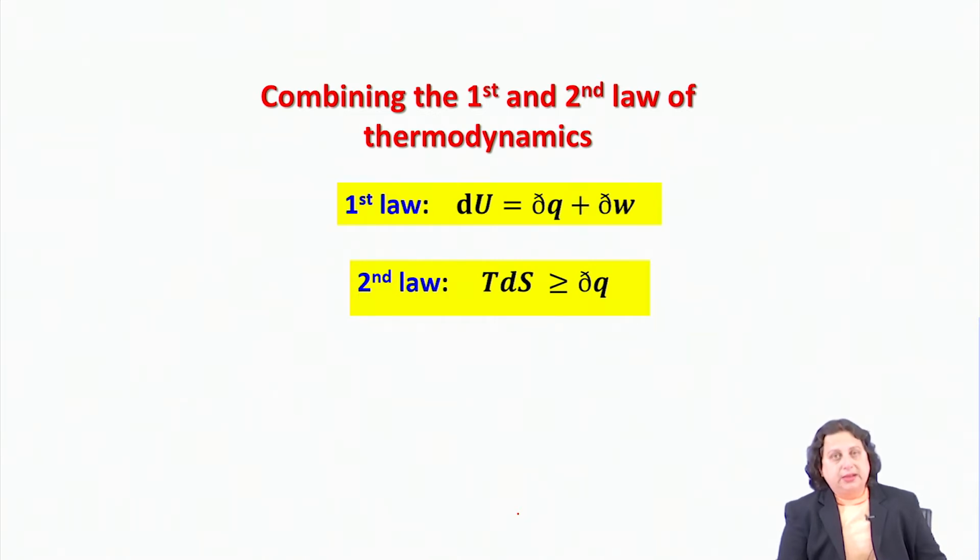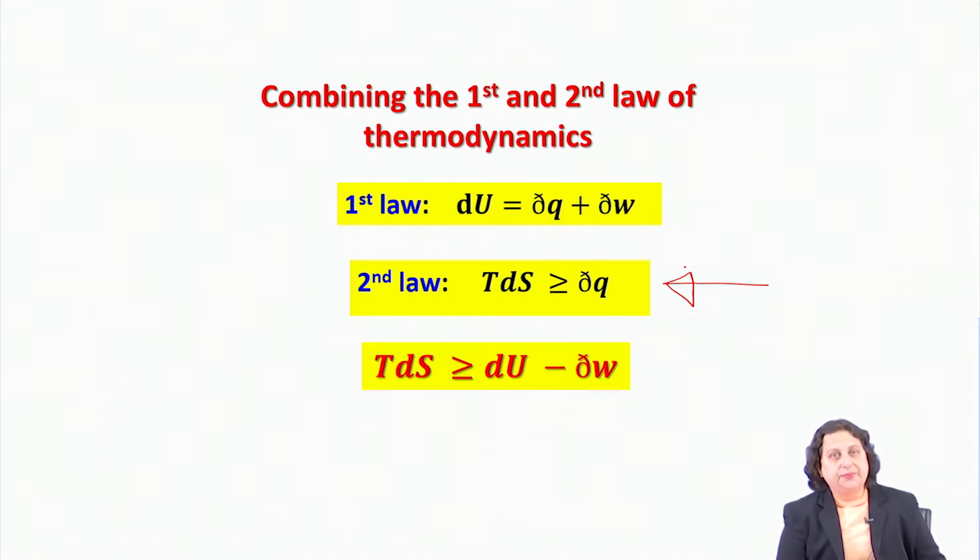I will actually show you how to write this down in terms of the Clausius inequality. In today's lecture, that is what we are trying to obtain, the mathematical statement of the second law of thermodynamics. Let me mention that the equality sign holds when the system is at equilibrium.